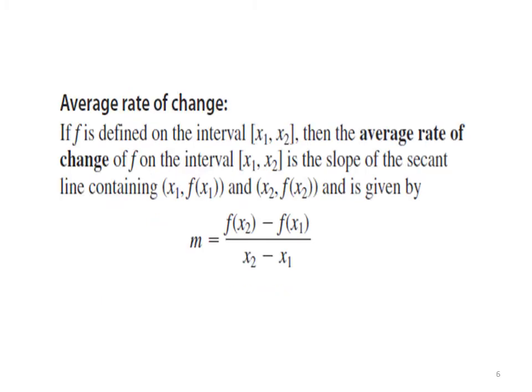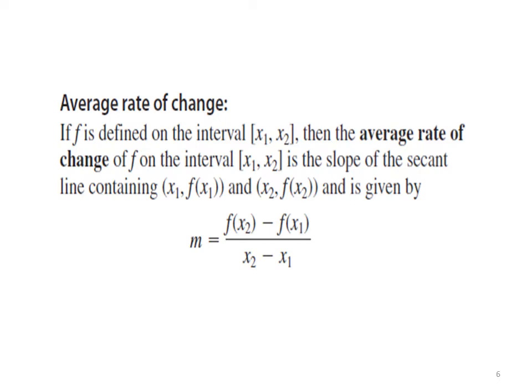You can do this for any function, not just the line. If f is a function that's defined on the interval that starts with x1, this is a closed interval from x1 to x2, we define the average rate of change. The average rate of change for the function in the interval from x1 to x2 is the slope of the secant line.